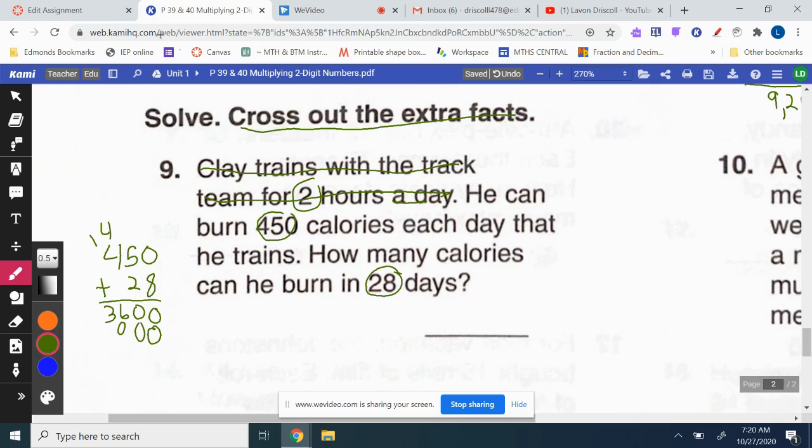Carry the 1. 2 times 4 is 8 plus that 1 is 9. I add it up and I get 0, 0, 6, 12. So he can burn 12,600. And my question was calories, so that's my label.